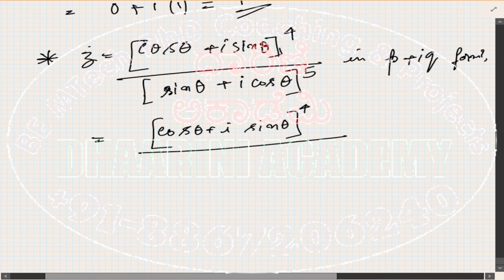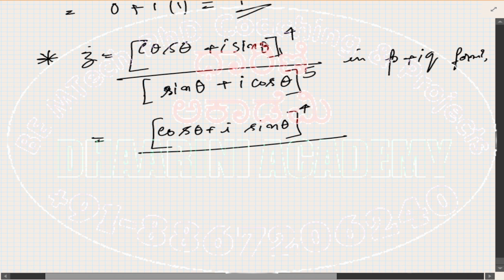Refer to the alternative forms that we have written. We are going to use the other forms here for the reduction purpose. For reducing the given term into the required standard format, because only when you have cos theta plus I sin theta in the denominator can I simplify. But now I don't see that, because the denominator has sin theta plus I cos theta.